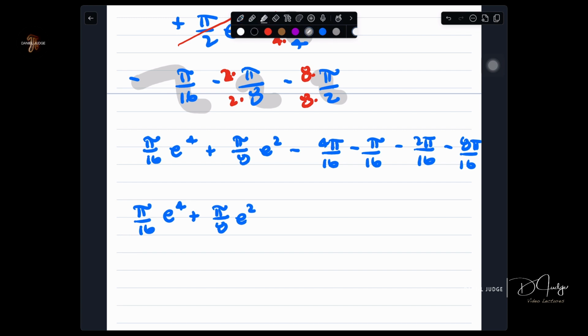Let's combine these terms now. So it looks like it's going to be negative 4 pi, negative 5, 7. Oh, they're all negative. 4 plus 1 is 5, 6, 7. That minus 15 pi over 16.